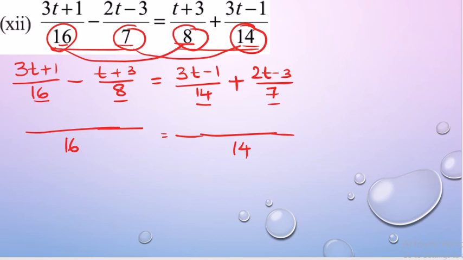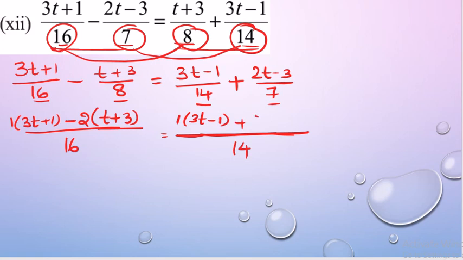Now in the 16 table, 16 goes one time, so one time of 3t plus 1. So what is the symbol? That symbol we need to write here. In 8, it goes 2 times. So simply write 2 times of t plus 3. The same way here also, in the 14 table, 14 goes 1 time, so 1 into 3t minus 1, plus in the 7 table it goes 2 times, so 2 times of 2t minus 3.